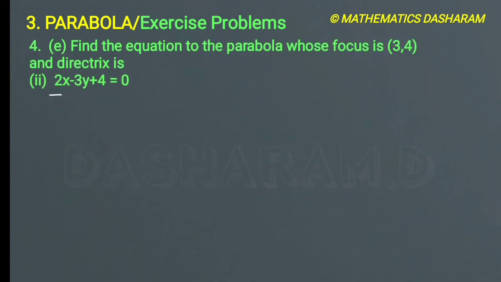Next second question, 2x minus 3y plus 4 equals to 0. Focus is same, no changes, but directrix is changed. Second one. So first focus 3, 4 compare with x1, y1.